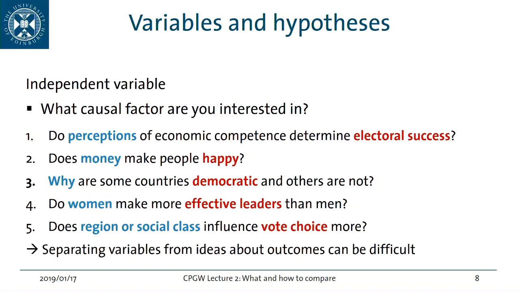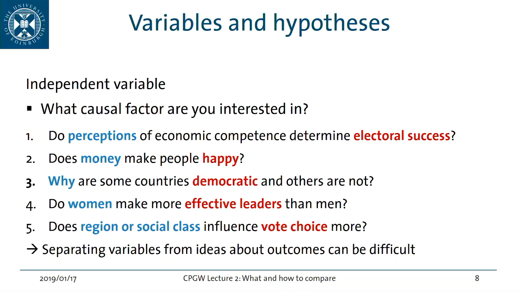So sometimes though, right, and this goes back to the role of theory, sometimes separating our variables from our ideas about the world can be difficult. So, of course, to come up with the question, do women make more effective leaders than men?